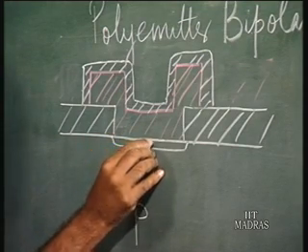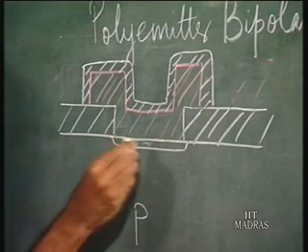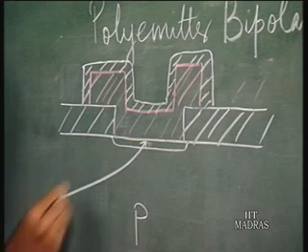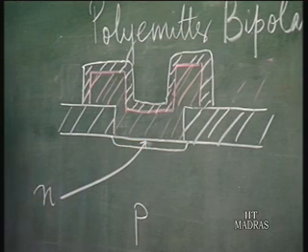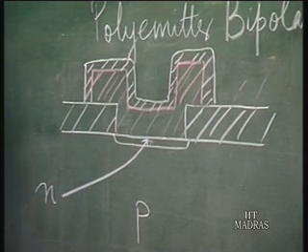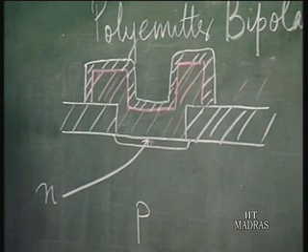This is the N type. Okay. I am sure you cannot see this, so I will write it. This is N type. All right. So, this is what you have after step 5.